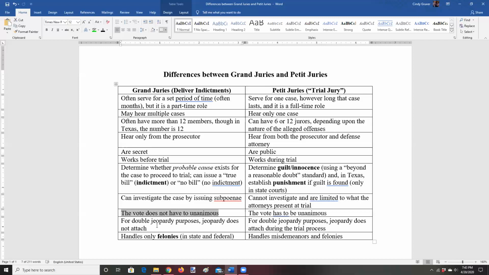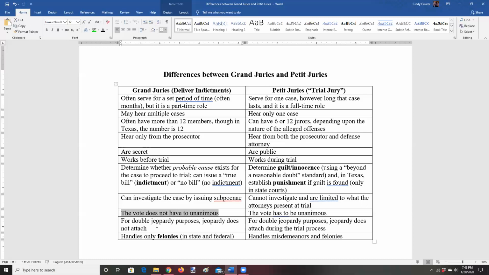But at some point during the trial that the petit jury is seated in, jeopardy will attach. And after that point, it won't be possible if the petit jury acquits for that person to be retried. So again, don't worry about knowing exactly the moment where jeopardy attaches. Just know it attaches during the trial, but it doesn't attach during the grand jury proceedings.